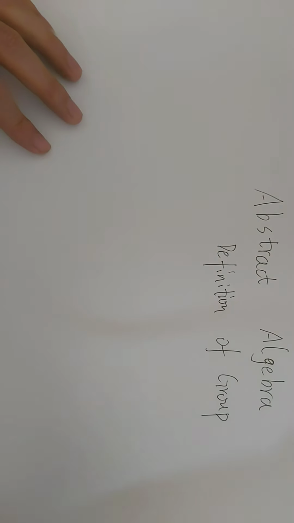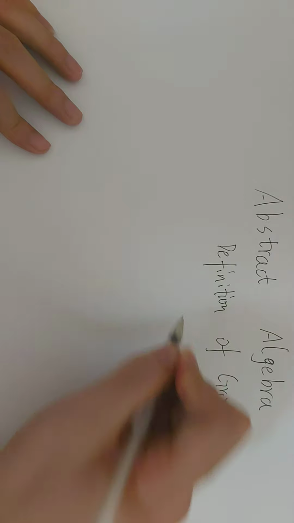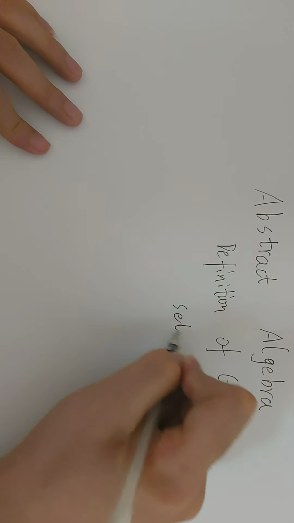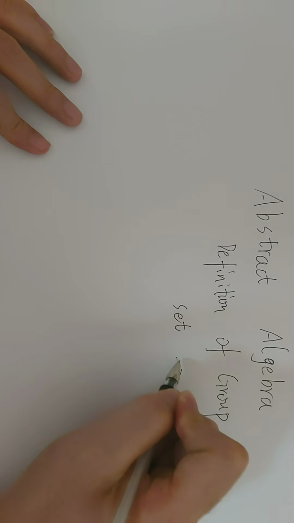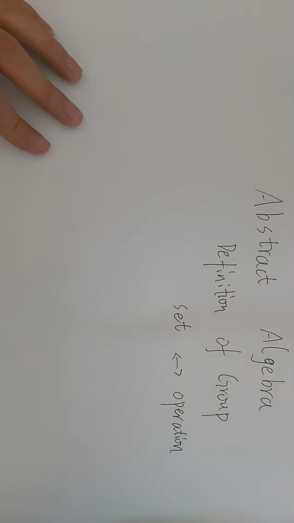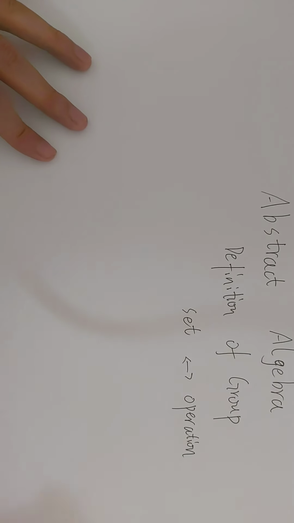To be a group, we must have a set and an operation on the set. The operation must obey 4 rules.